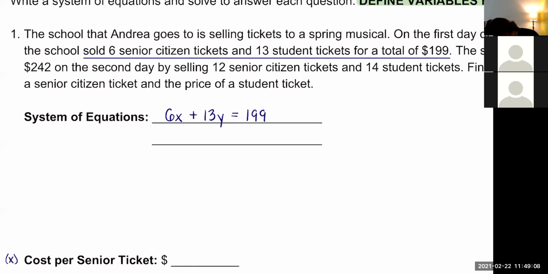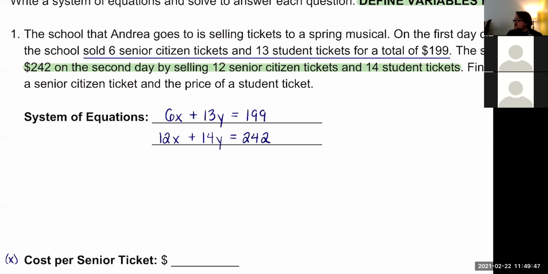The second day says that they made $242 selling 12 senior citizen tickets and 14 student tickets. So that would give me 12x plus 14y equals 242. The top equation takes all the information for day 1, the bottom equation all the information for day 2. There's most of the points right there.